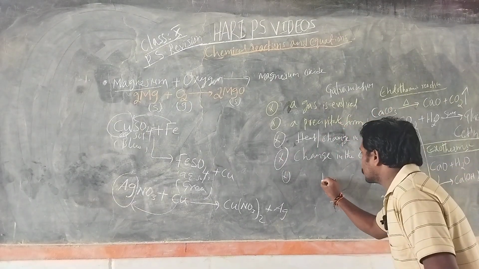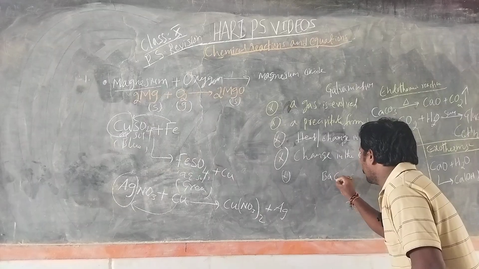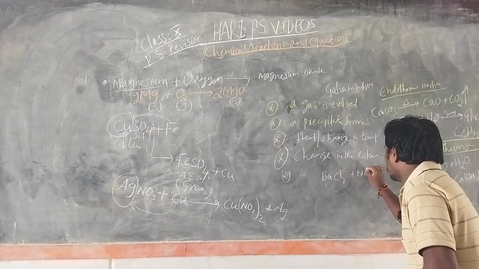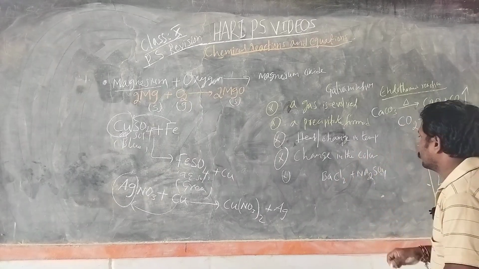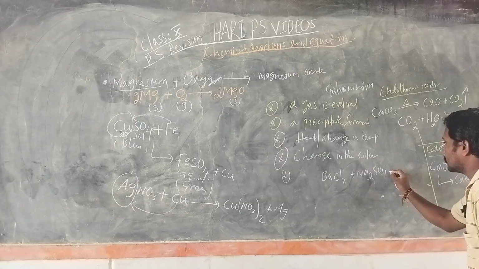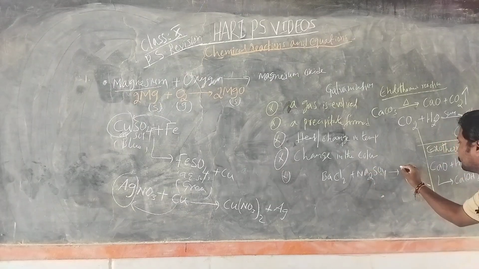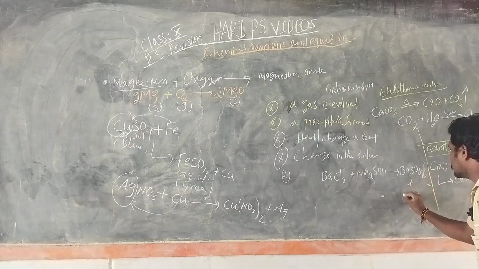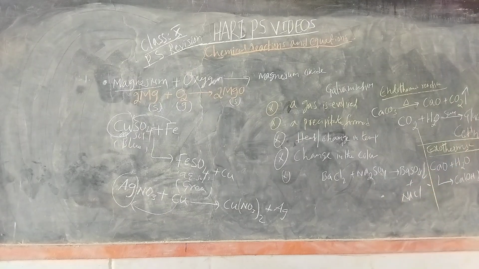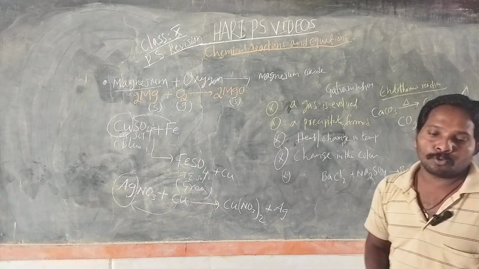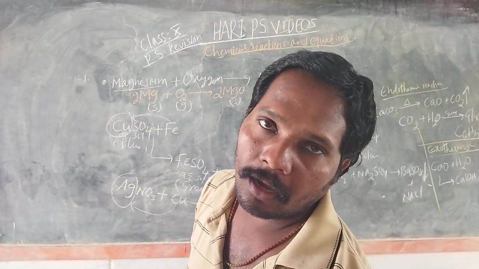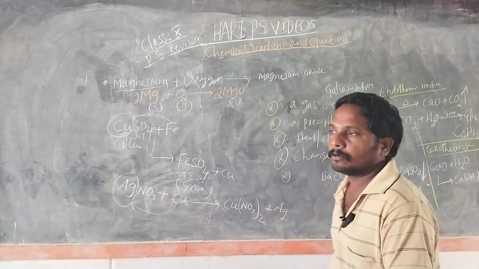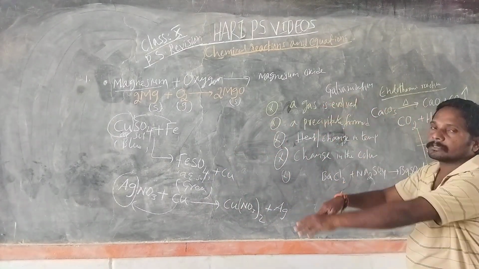The reaction between barium chloride and sodium sulfate is an example for double displacement reaction. Barium sulfate plus sodium chloride is formed. Precipitate is formed. So to know if the chemical reaction occurred or not, we have to observe any one of these.